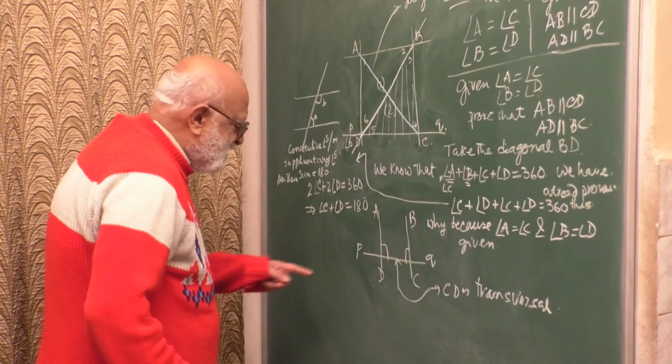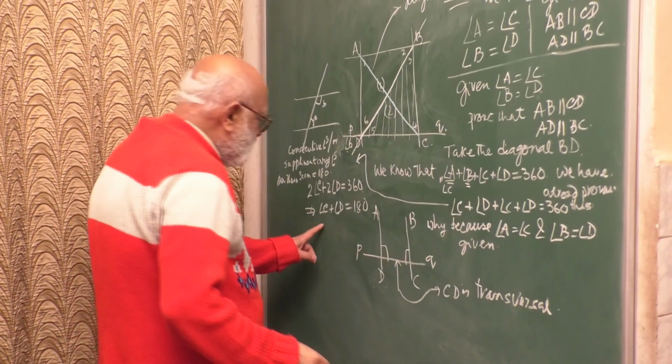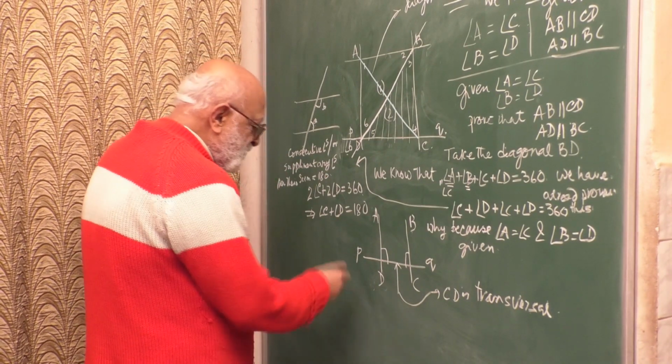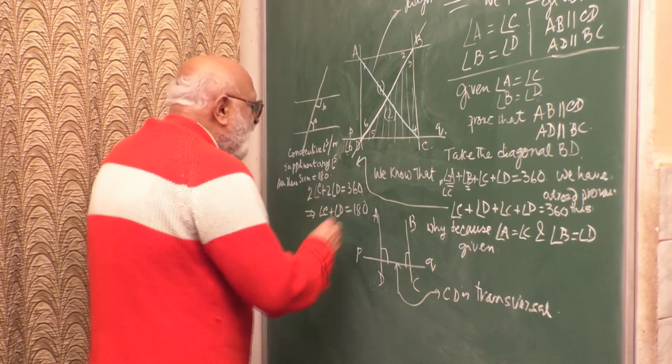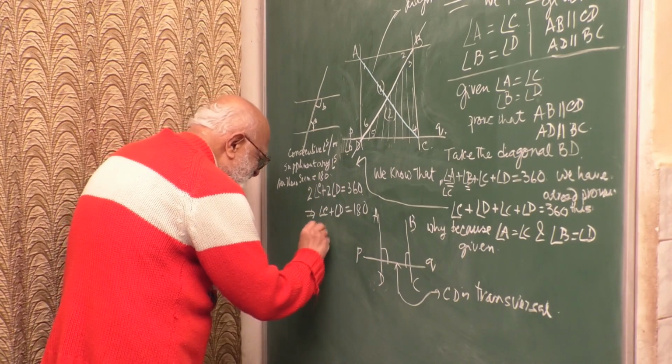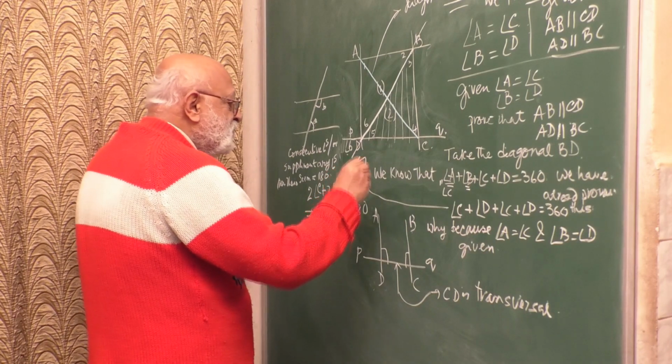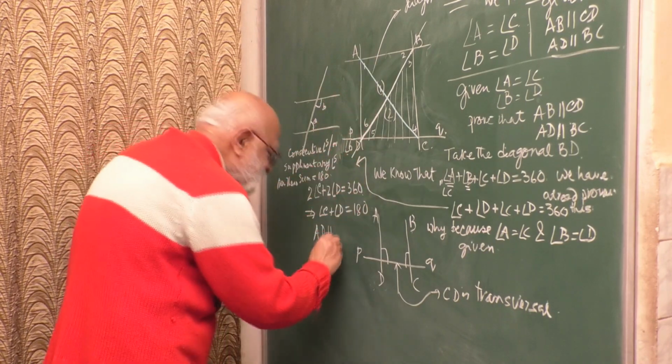If CD is transversal, then these supplementary angles sum to 180. Therefore, I can say AD is parallel to BC.